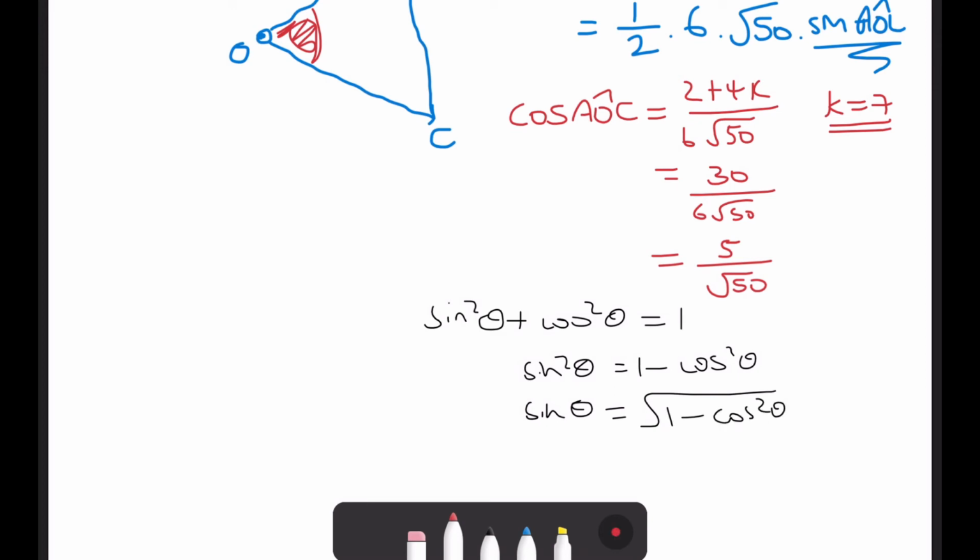So if I do this at the side, well, cos theta, or AOC, is 5 over root 50, and cos squared theta is equal to that squared, so that's going to be 25 over 50, which simplifies to half.